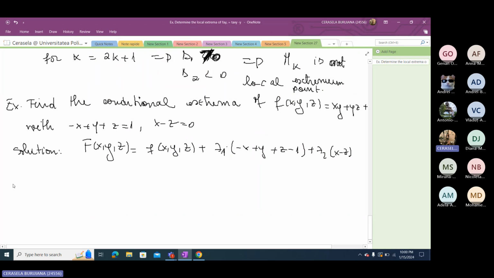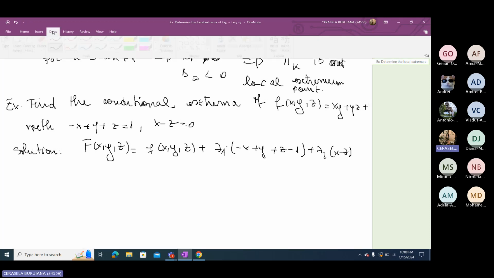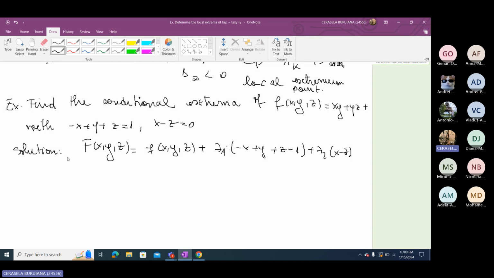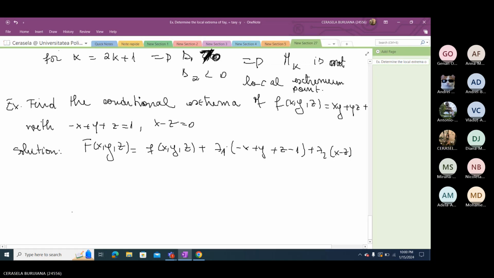Okay, I will do it. Since I started with the Lagrange multipliers, I will do it like this because what I want is to show you there is a positive to do it like this. So we do it as we talked at the seminar. We take the derivatives of first order, but of the new function.